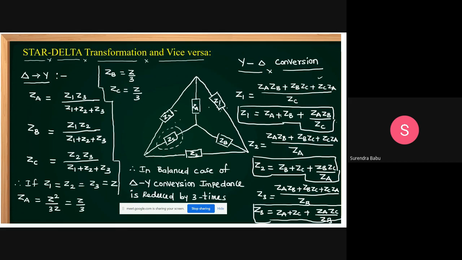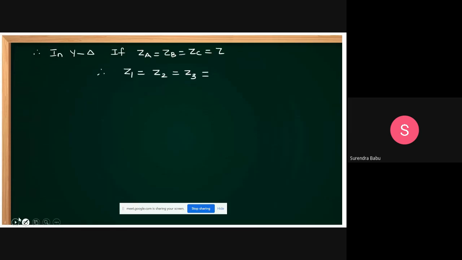If you take ZA equal to ZB equal to ZC equal to Z and substitute, Z plus Z plus Z squared by Z cancels. What can you get? 3Z. That means for the balanced case in star to delta transformation, the impedance is increased by 3 times. Balanced in the sense all the impedances are equal, students.